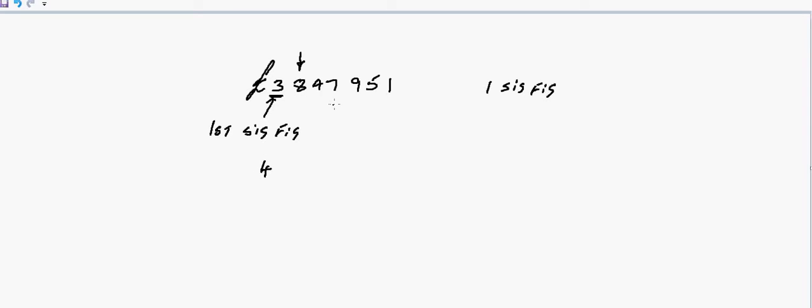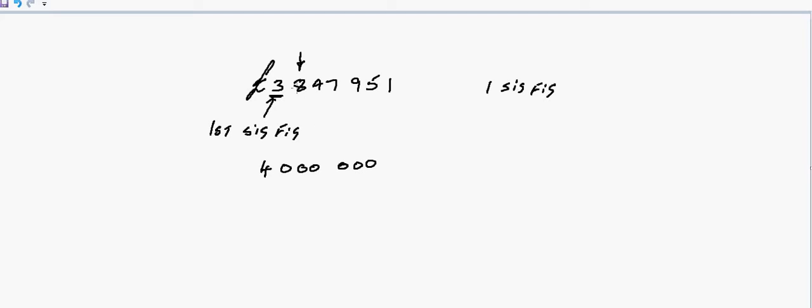And all of these other numbers all become zeros. So 3,847,951 to one significant figure is 4 million.